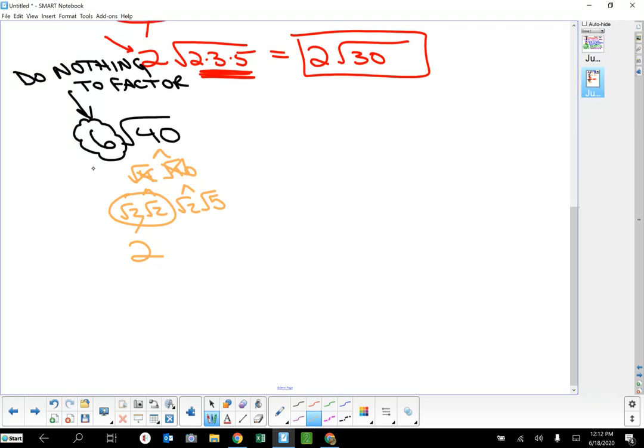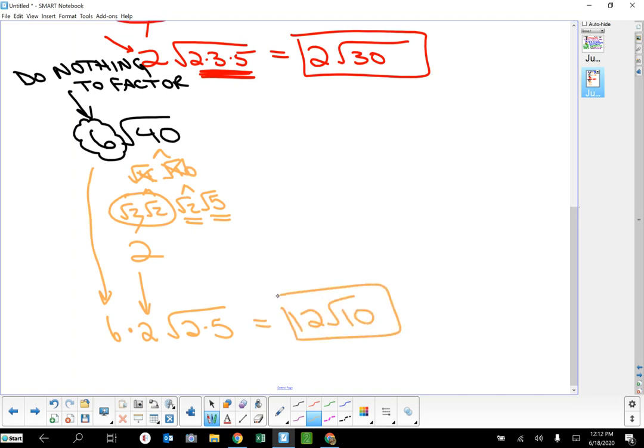And then what's going to happen is this guy's going to come down. You're going to multiply this guy. And then underneath your radical, you have these 2 values. And so this is 12 radical 10. Okay? So if you have a coefficient out front, it just comes down in the problem and you leave it alone until the end. Multiply it by anything that comes out of the radical, and you're good to go.